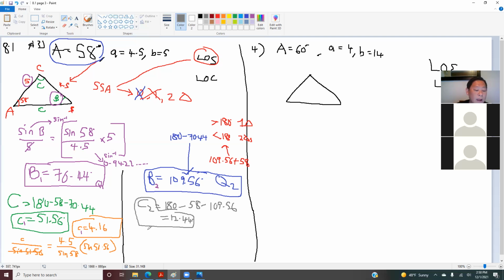And now we want to find the length of this. You can kind of figure out, it looks exactly like this. It's 4.5 times the sine of 58, divided by sine 58, times this sine, but we don't use 51.56 because this is C1, so we're going to use 12.44 here.